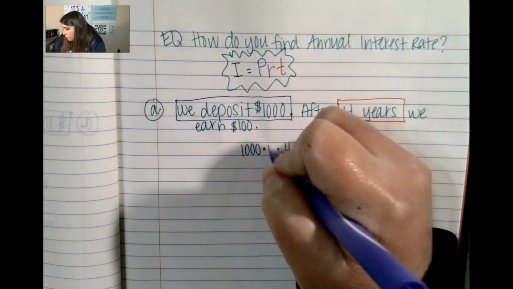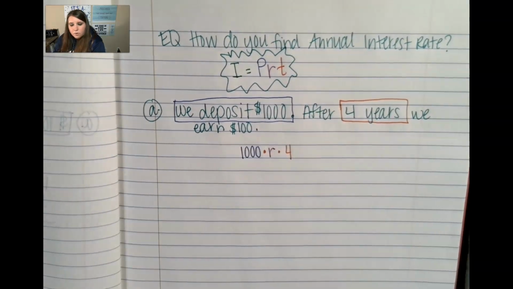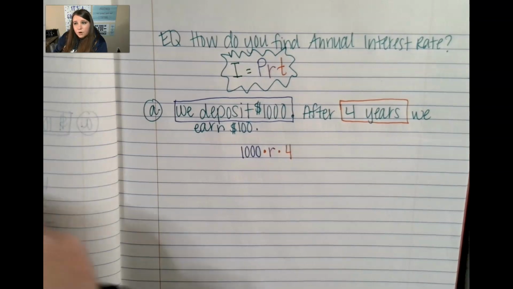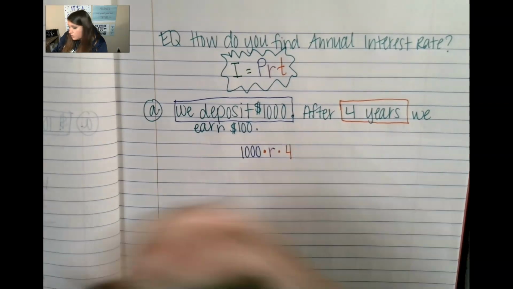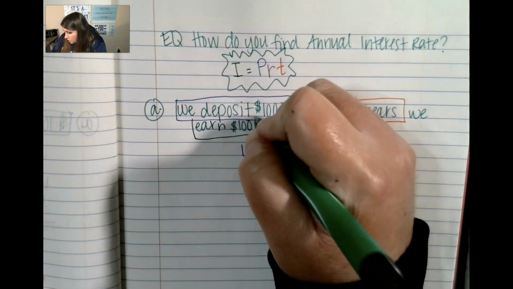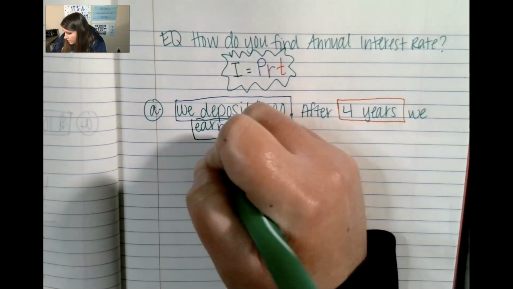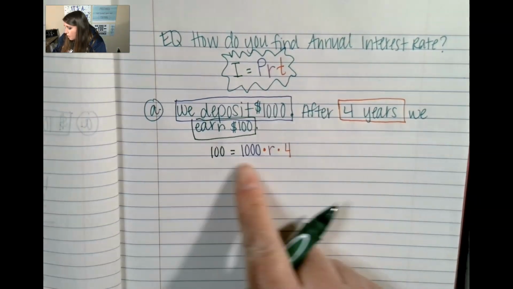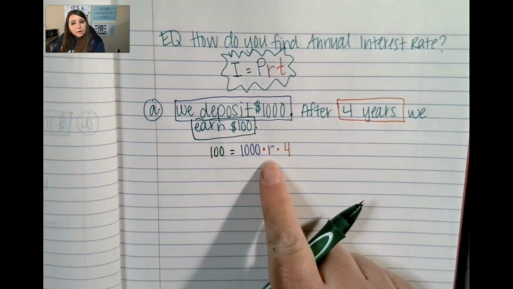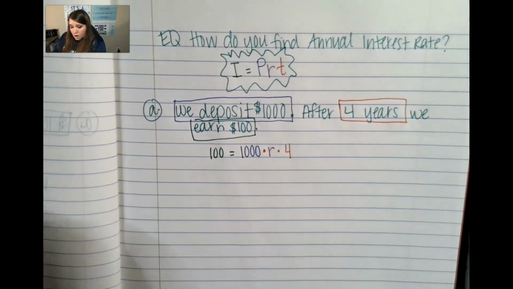We don't know the rate, but we do know that we earn $100, so our outcome is $100. Our job is to isolate this variable. We are solving for R.